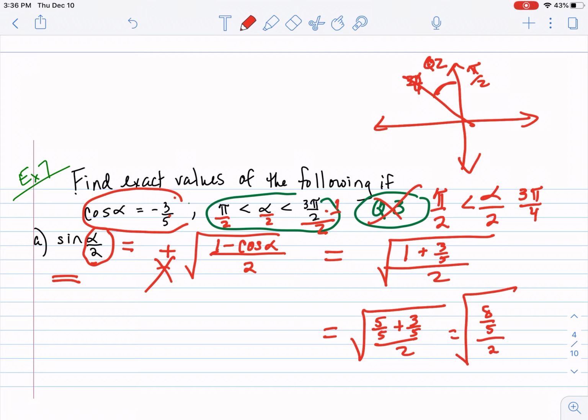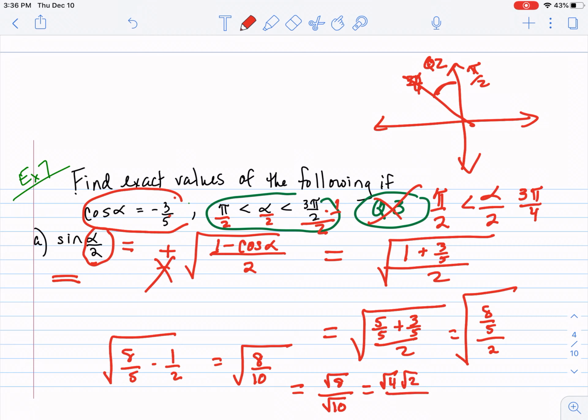We're going to do the old keep, change, and flip. So I get the square root of 8 over 10, which I'm going to break down into the square root of 8 over the square root of 10, which is equal to, when I do this out the top, 4 times 2 over the square root of 10.